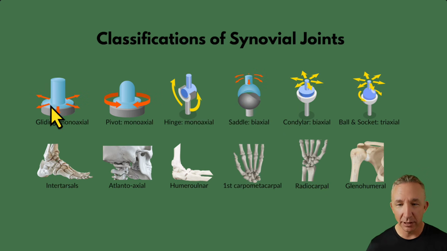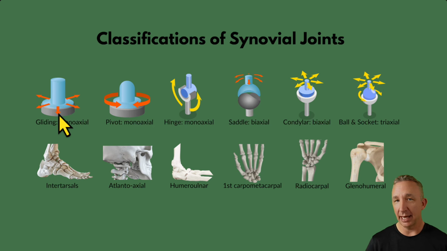So we first look at a gliding, also known as a plane joint. And a plane joint or gliding joint is referring to when you have flat bones that are together, and they can be slightly curved, but they're the same size. So the bones slide together. So the motion of the joint is small, but it's also constrained by the ligaments with them.